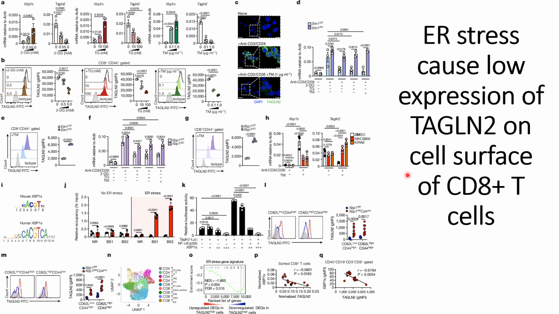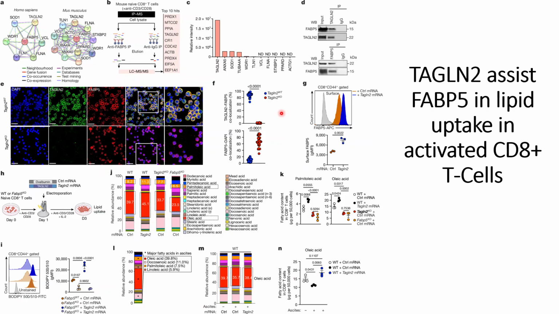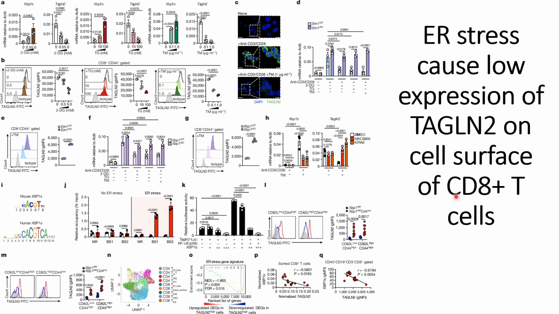So I hope you understood that in the previous video, in the previous results, we observed that TAGLN2 assists FABP5 in lipid uptake in the activated CD8+ T cells. So if this TAGLN2 gets disrupted, then lipid uptake will not happen and CD8+ cells will not be able to perform their functions for a longer duration of time.